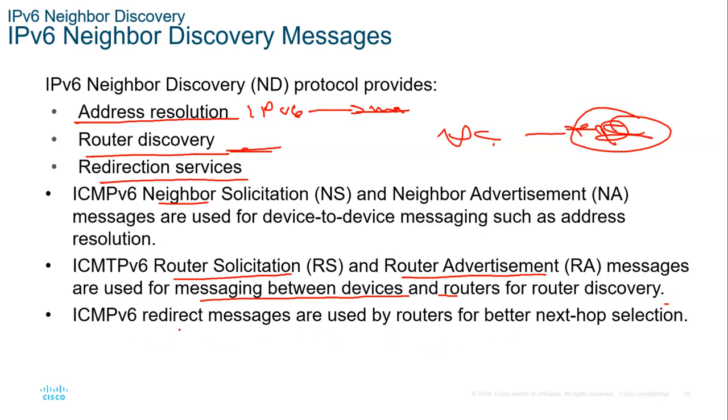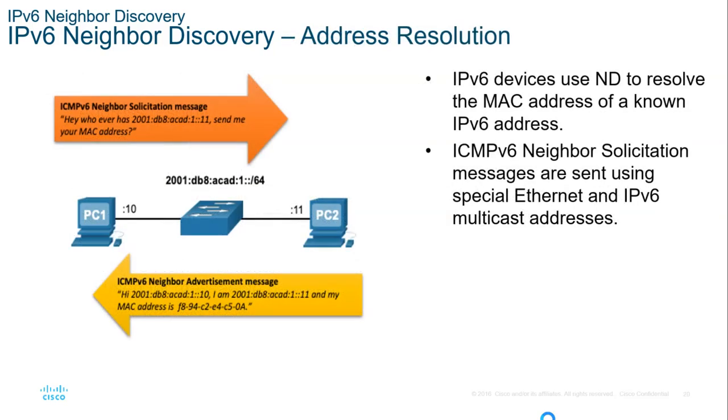ICMP redirect messages are used by routers for better next hop selection. If this router doesn't have the services that are needed, then the router can redirect a request to the next hop for better next hop selection.